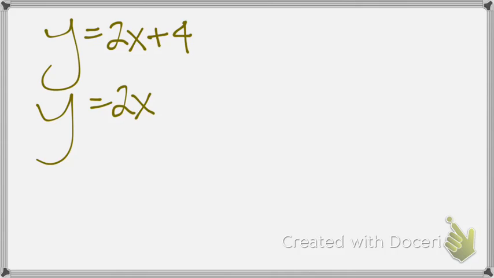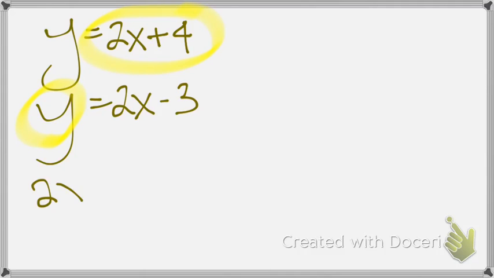Another example, let's say we have y equals 2x plus 4 and y equals 2x minus 3. So if we look for the variable that's all by itself, in fact both of them are the y, so we can pick either one. Let's just go with the top. The y is the 2x plus 4, so we're plugging that in for y.